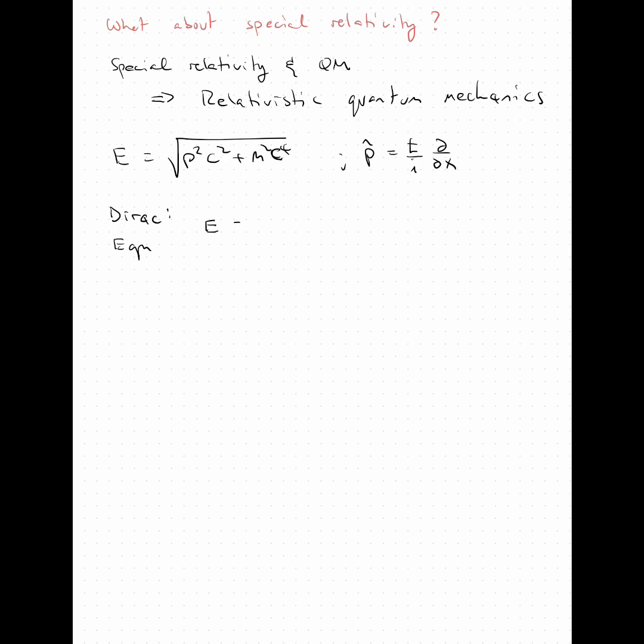I'll write something like this, just to highlight how different it is from the Schrödinger equation in its structure. The factors of c show up, and then point out that these alphas and betas are 4x4 matrices.